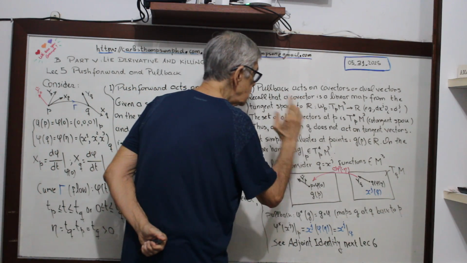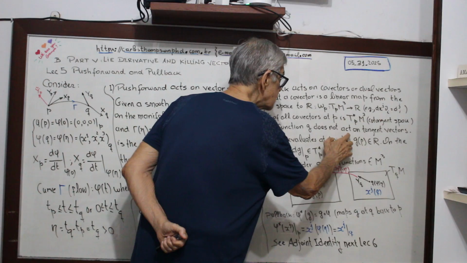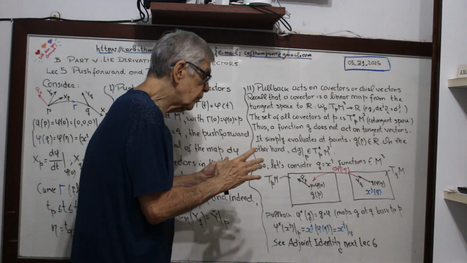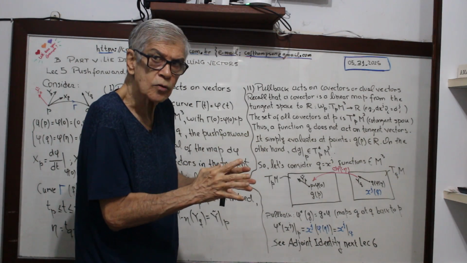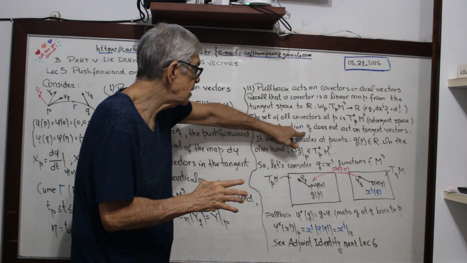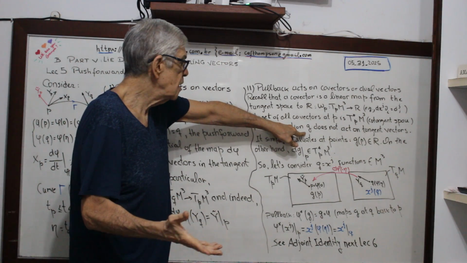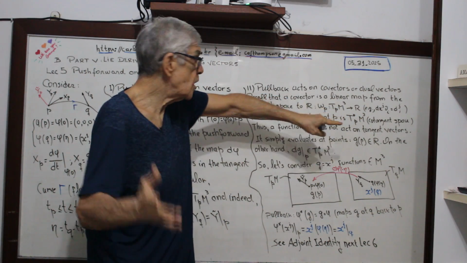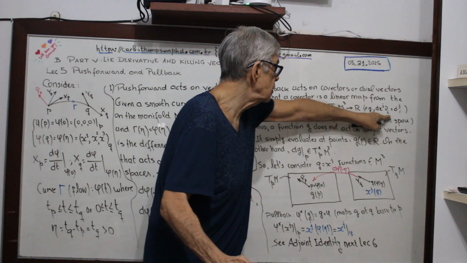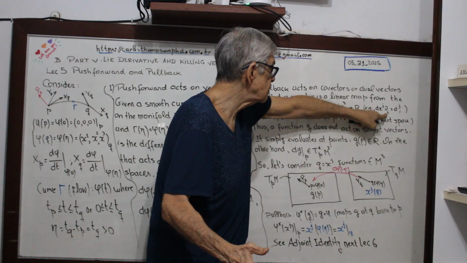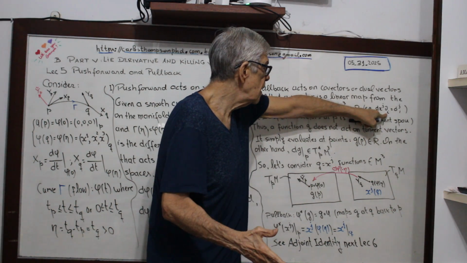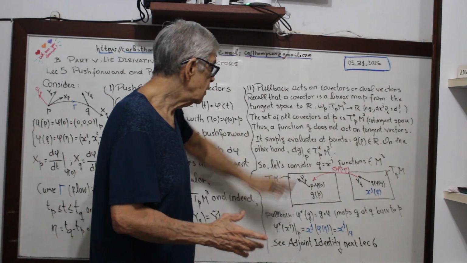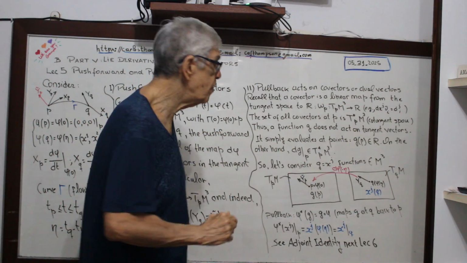Thus, a function g does not act on tangent vectors. A covector acts on vectors, but g is not a covector and it's not a vector, so it does not act on tangent vectors. For this example here, this is a covector, this is a basis vector, it acts and leads to the real. g is not a vector.